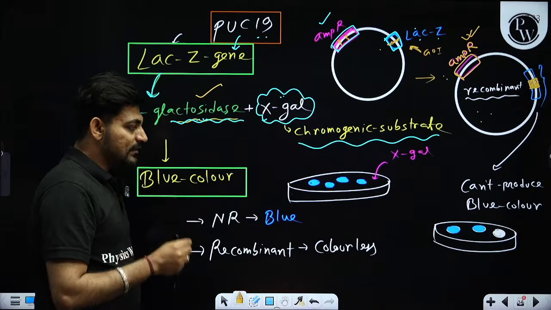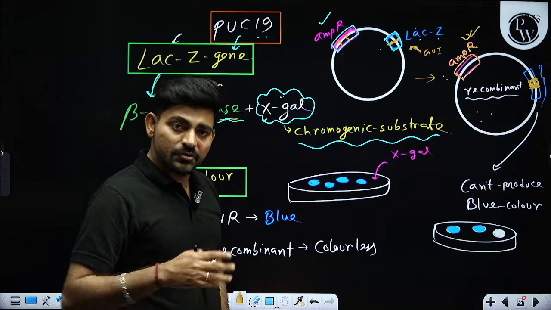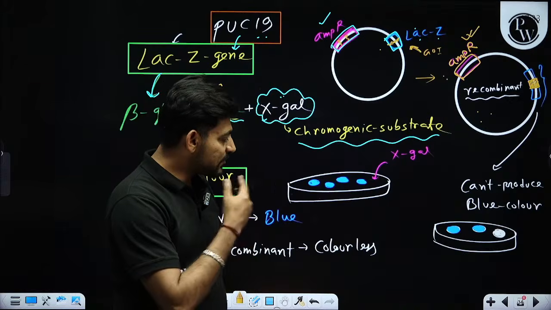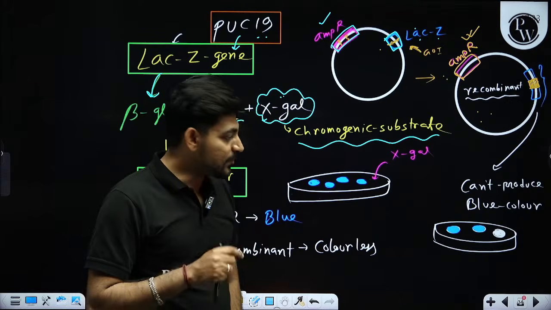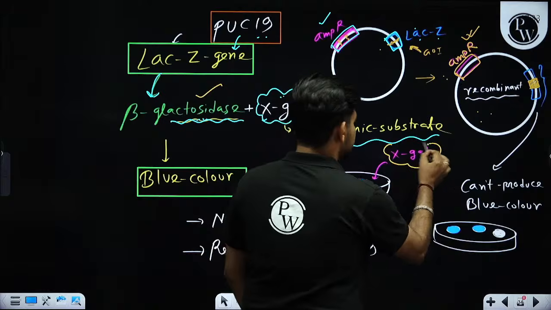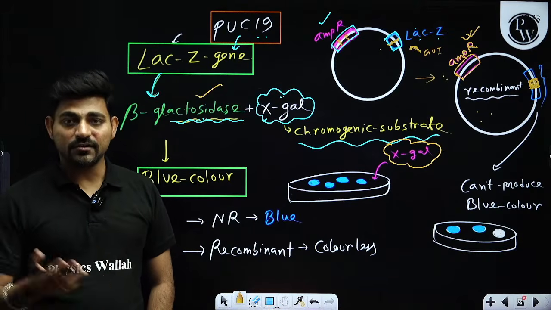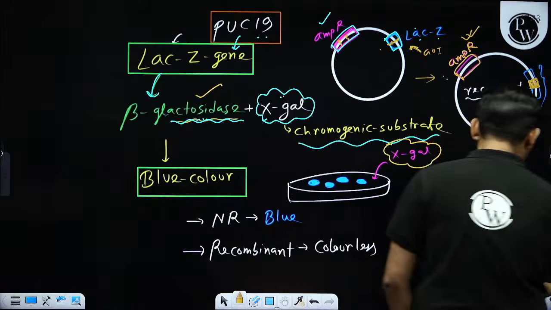If the bacterial colony is unable to produce blue color, it is transformed. If the bacterial colony is able to produce blue color in the presence of the chromogenic substrate X-gal, that means that colony is a non-transformant, or not transformed. Okay.